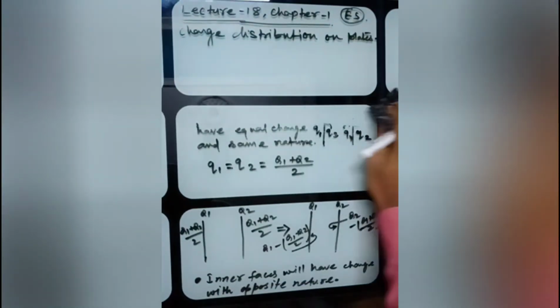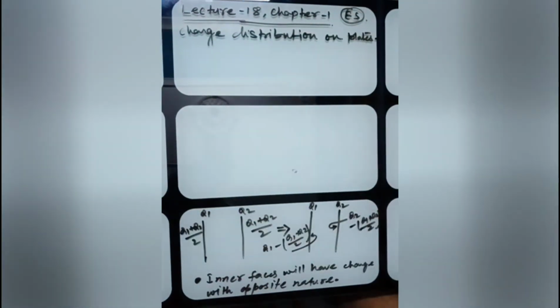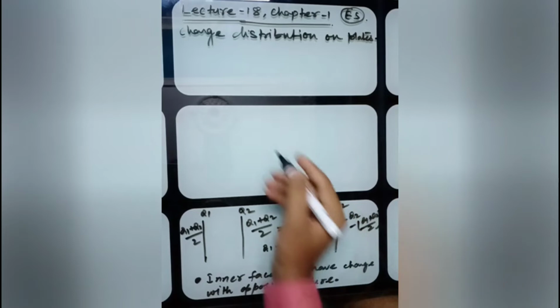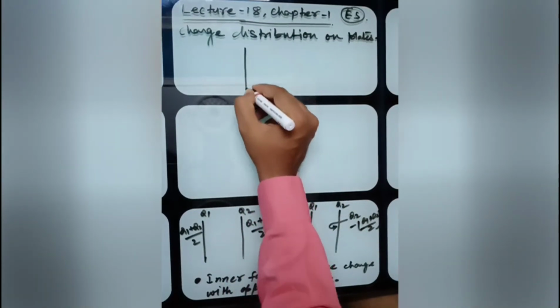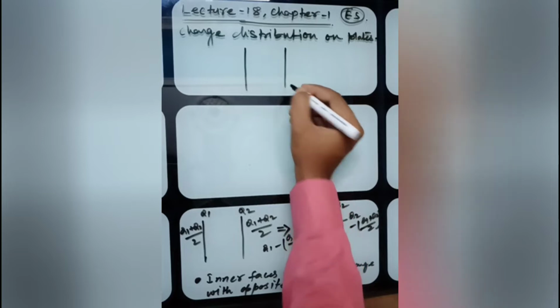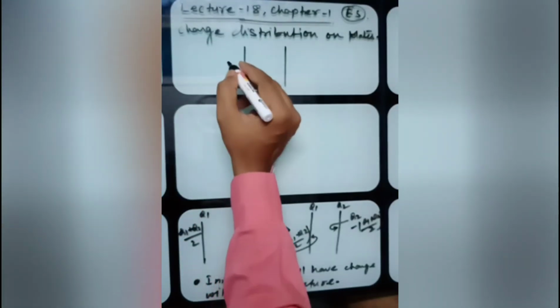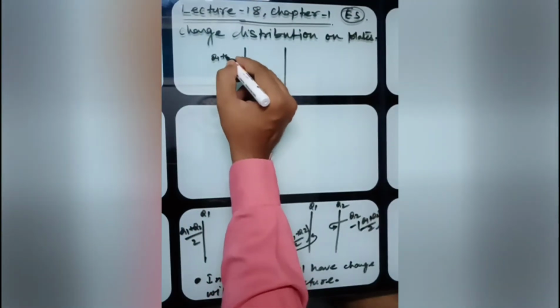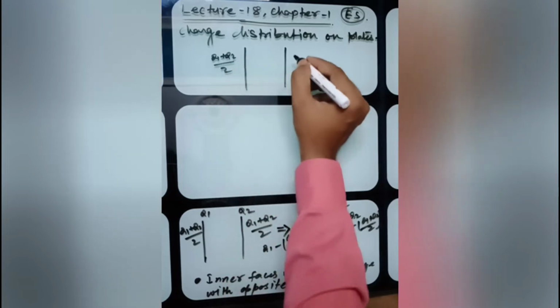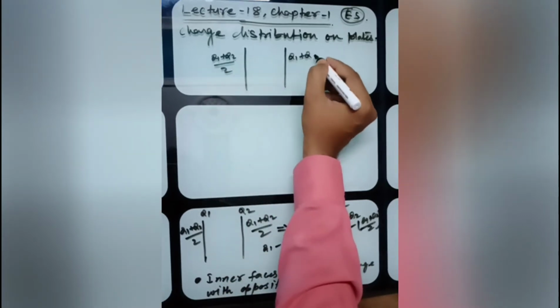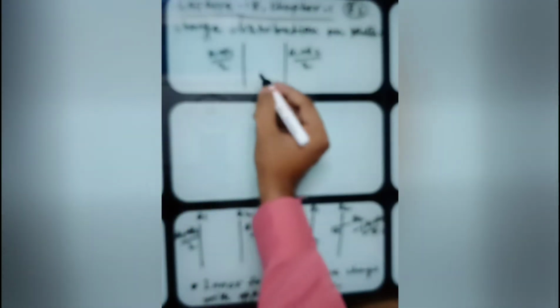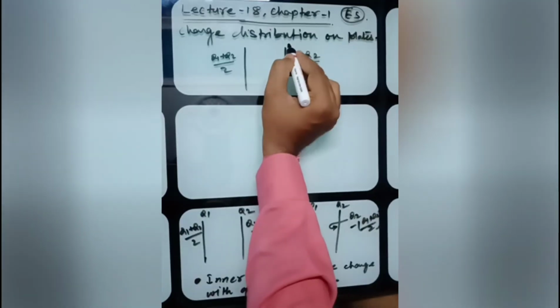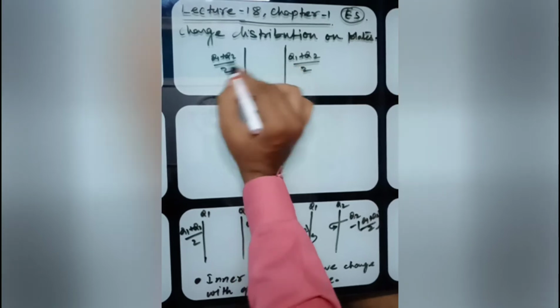Okay student, now we are having the charge on this plate and on this plate, as the outer faces have the charge (Q1 plus Q2) by 2, (Q1 plus Q2) by 2, but inside the charges Q1 and Q2 are now not present. Now we are having the new charges.